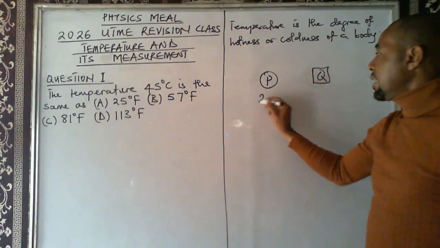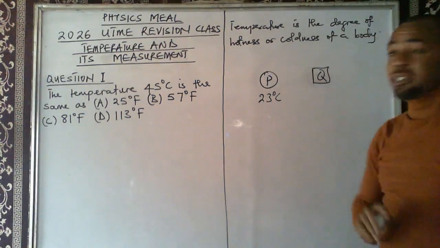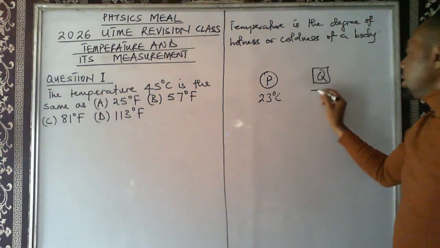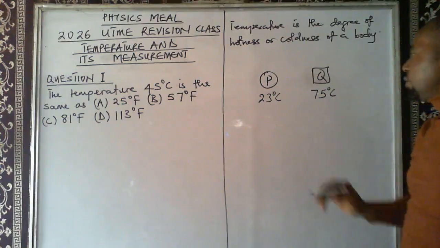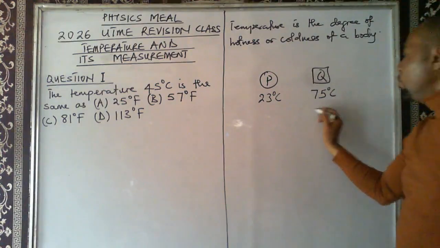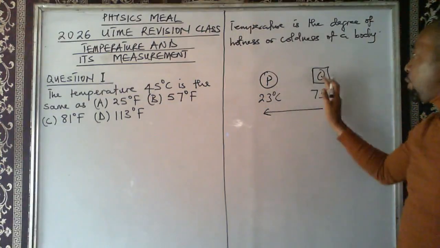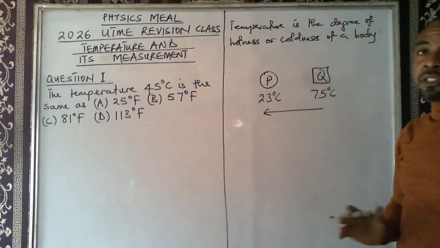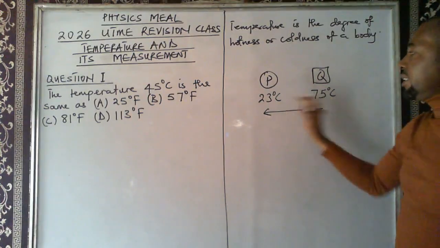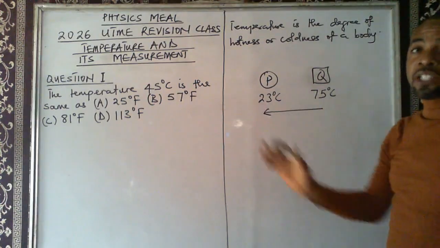Let's say that P is at a temperature of 23 degrees Celsius, and Q is at a temperature of 75 degrees Celsius. Definitely, heat will flow from Q to P, because Q is of a higher temperature. So without indicating temperature, we cannot know the direction of heat flow.